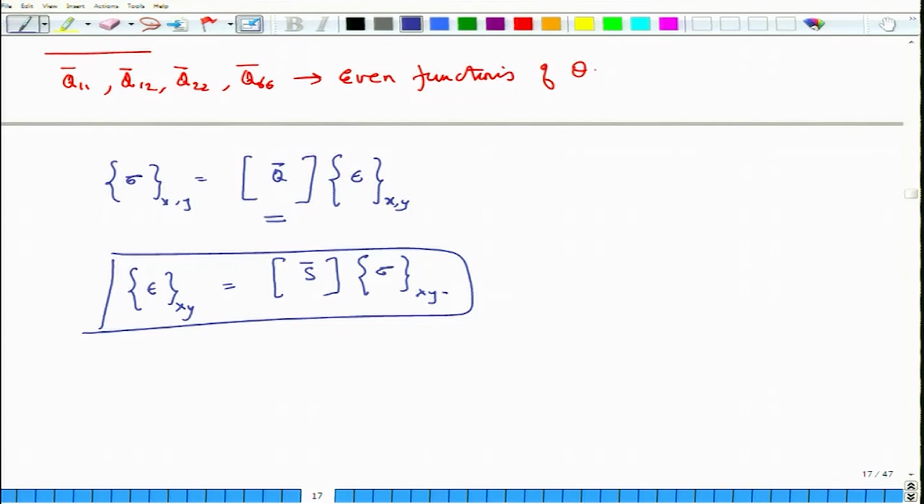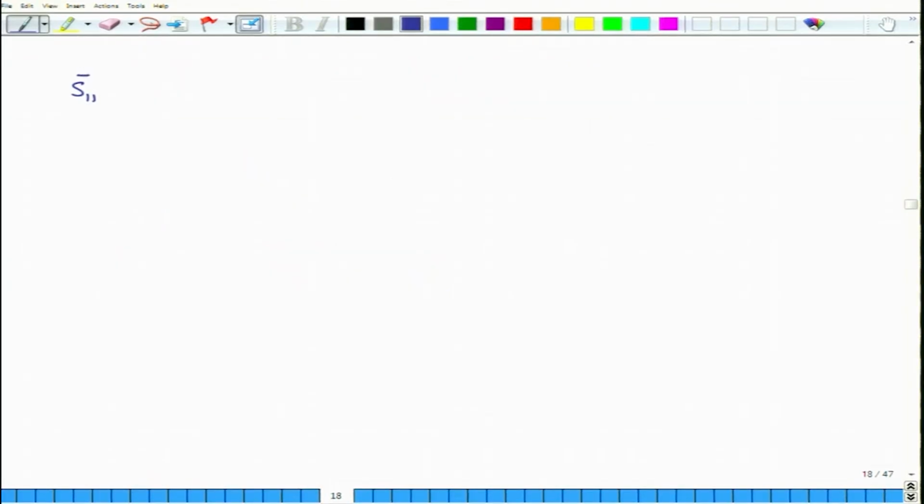What I will do is I will now give you the relations of all the elements of the S bar matrix in terms of the S matrix. So, S11 bar, and I am just going to give this directly. So, please go back and do this so that you are able to show for yourself that these relations are indeed correct and you are convinced of the results.